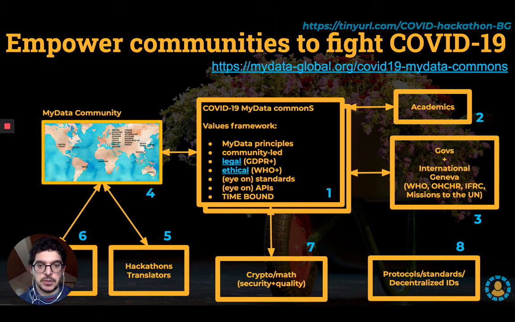And so they would have control over this, and they would seek to get benefit from this data while preserving privacy. And of course, this will require extensive development, but through the My Data community, we think we can mobilize quite a lot of developers working towards this. So the My Data community is distributed through hubs all over Europe, all over the world, and many people in the My Data community are participating in hackathons.